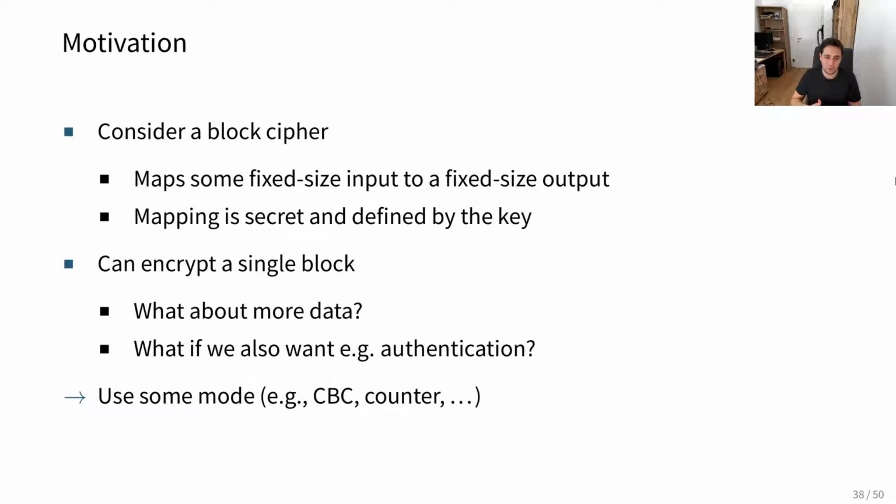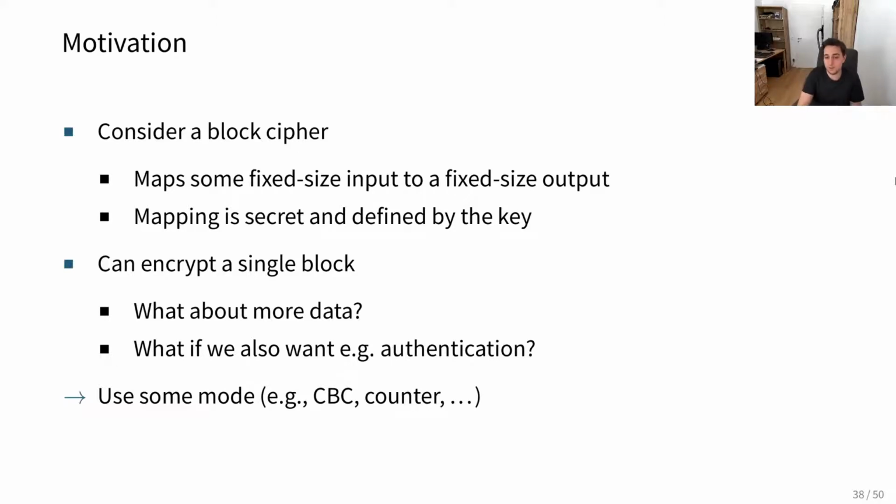What this block cipher can do is encrypt a single block, of course. So what about more data? What if we want to encrypt 2 blocks or 1.5 blocks or something like that? This is one question. The second question is, what if we don't only want to encrypt something, but also want to authenticate something or provide integrity? If we want to do this, we usually have to do something different. So for example, use a CBC mode or a counter mode.